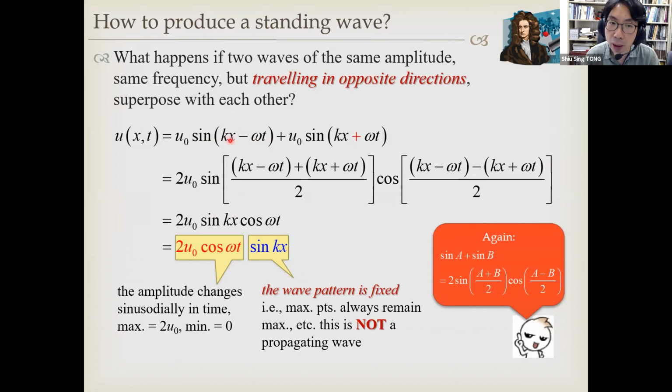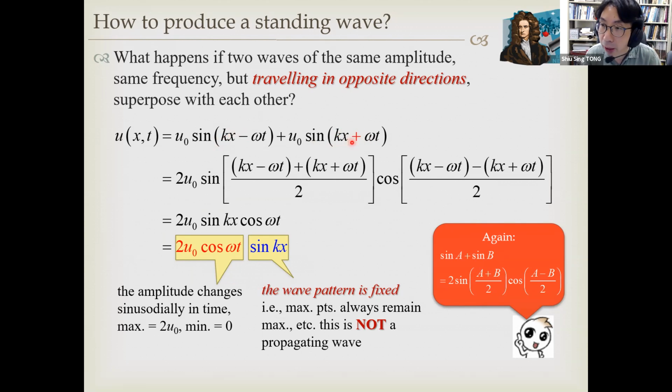You notice that the sign before omega is minus and the sign before k is plus. So the signs are different, and that means the wave is traveling in the positive x direction.